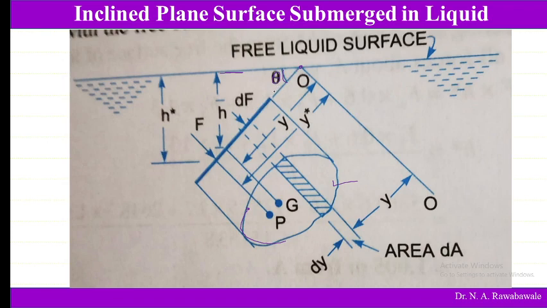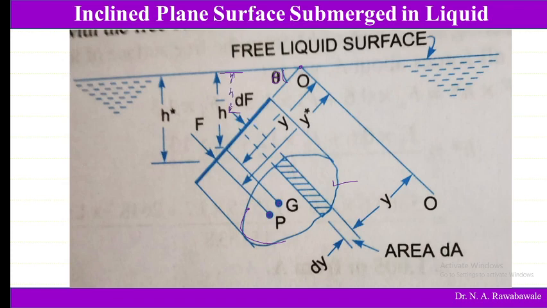Now we consider this inclined surface submerged in a liquid. Let us say that G is the center of gravity and P is the center of pressure. We consider a strip of small area dA, and this is at a distance of h meters from the free surface.